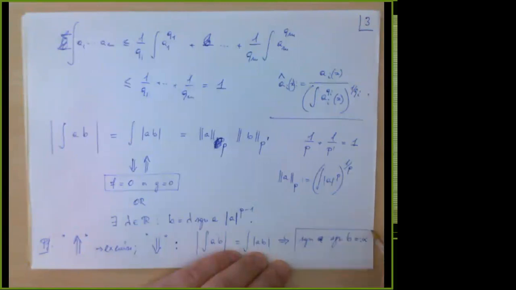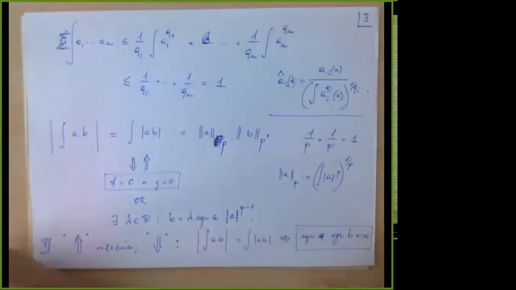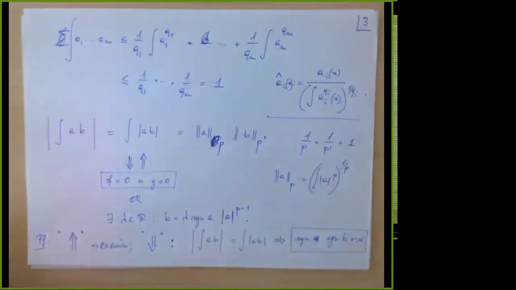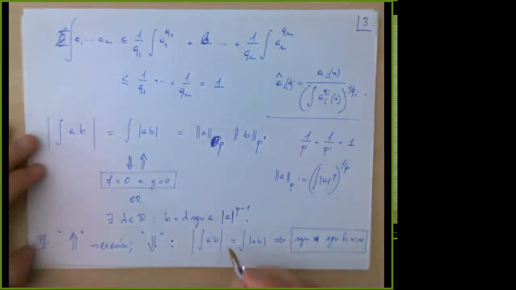Again, I would suggest that you prove this as a relatively easy exercise. The idea is very simple. Since here we have equality, there are only two possibilities: either the integral of AB is positive, with the same absolute value as the left hand side, or AB is negative with the same absolute value as the right hand side.